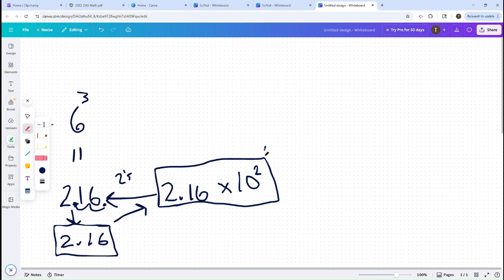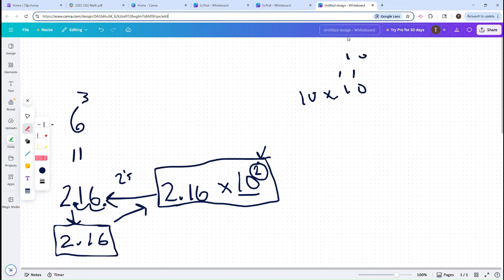Now, you can do the math on it. We can do it on this one. 10 to the second power. Remember, the exponent says to write this number this many times and multiply, not add. 10 times 10 is 100. And 100 times 2.16 is 216.